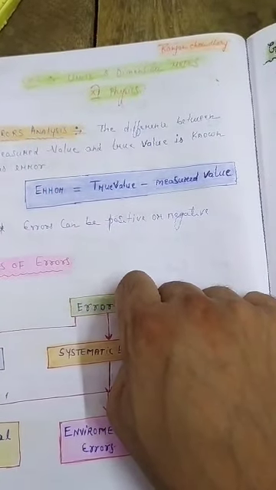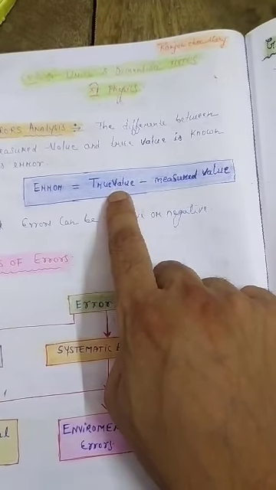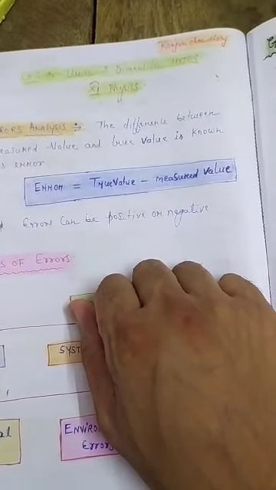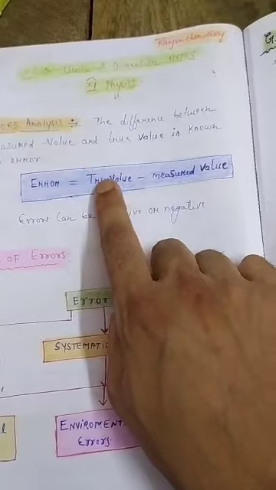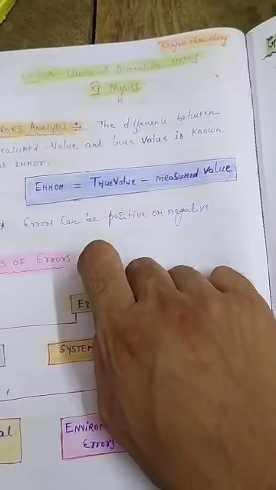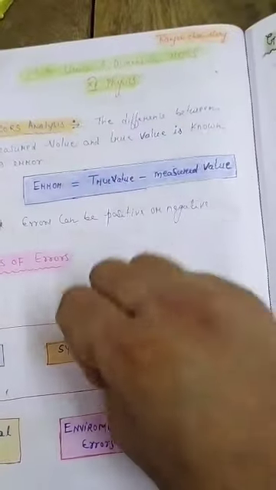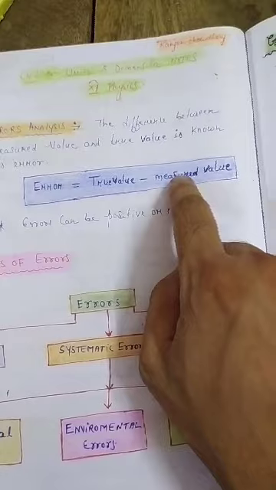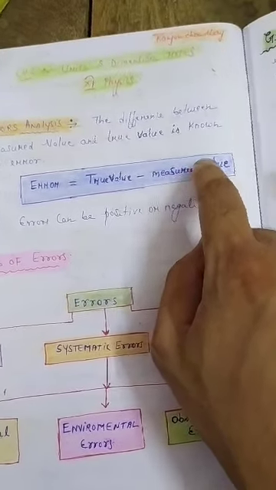You are generating an error of how much? 2. For example, mass of an object, any object, is, let us say, 5 kilo 20 gram. Actual value is how much? 5 kilo 20 gram. You put it on the weight balance, you are measuring, then your measured value is, for example, 5 kilo 30 gram.